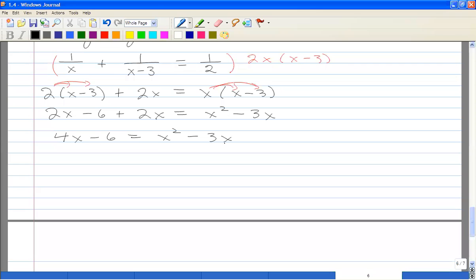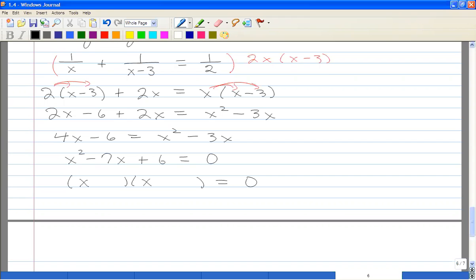Let me subtract 4x from both sides of my equation, add 6 to both sides of my equation. And so, let's factor this. This factors into x... and so this is a monic quadratic trinomial.